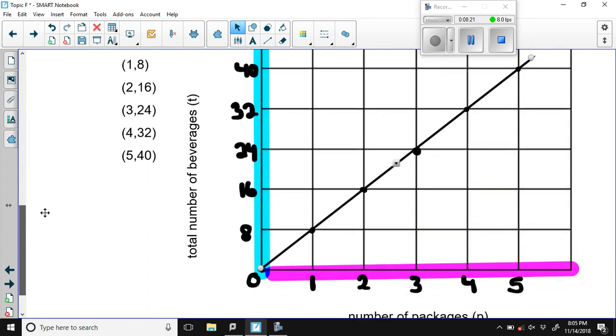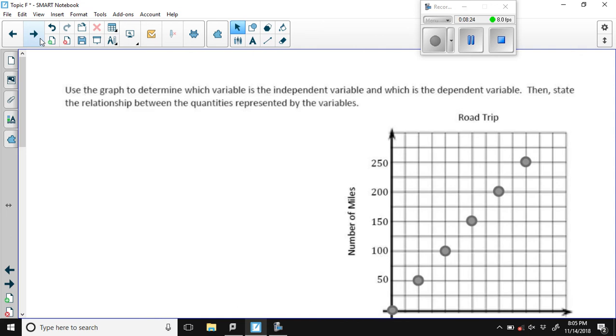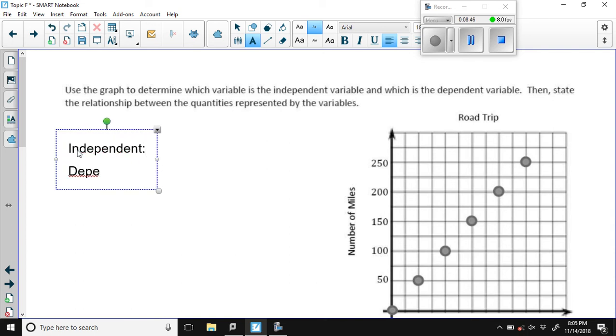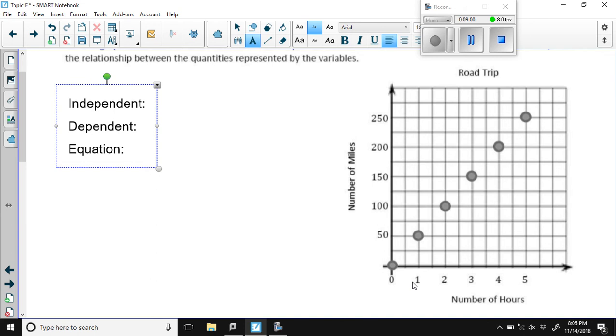Okay, so we're going to take a look at one other example, and this time we are going to be given the graph. We need to figure out which is the independent variable, which is the dependent variable, and then we need to figure out the relationship between those two variables. Okay, so if we take a look at the graph, I see that we have a road trip.